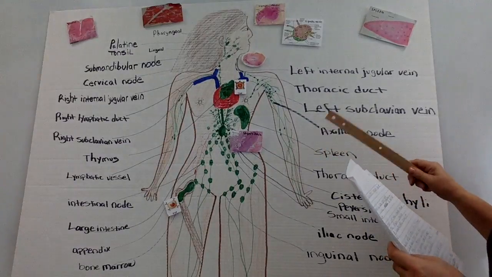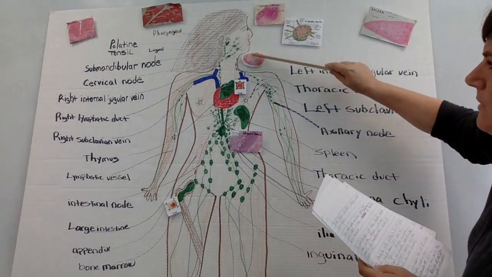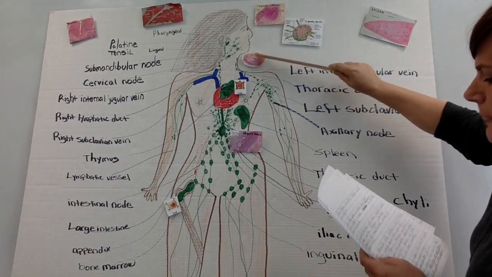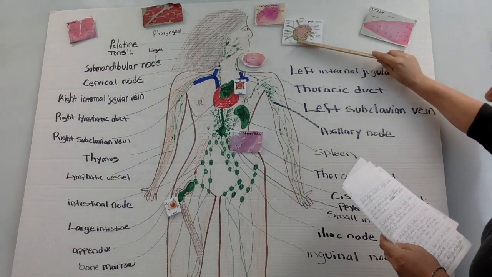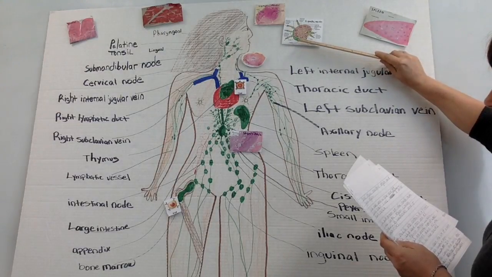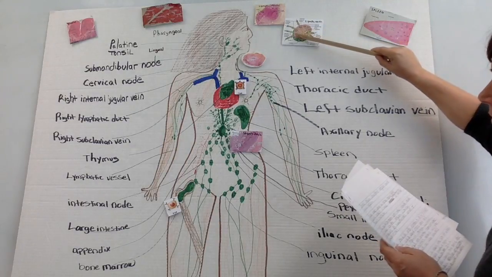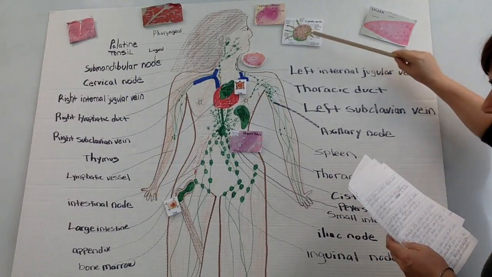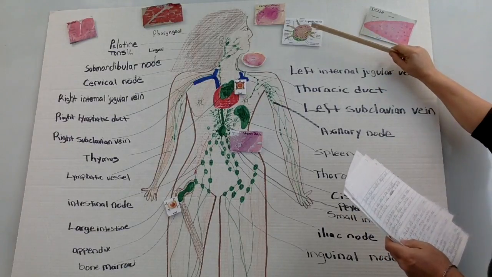Lymph nodes are about the size of, say, 1 inch, maybe half the size of this, and it's contained in a dense fibrous capsule. The outer portion of the lymph node is the cortex, this outer portion right about there. This contains B lymphocytes and T lymphocytes.